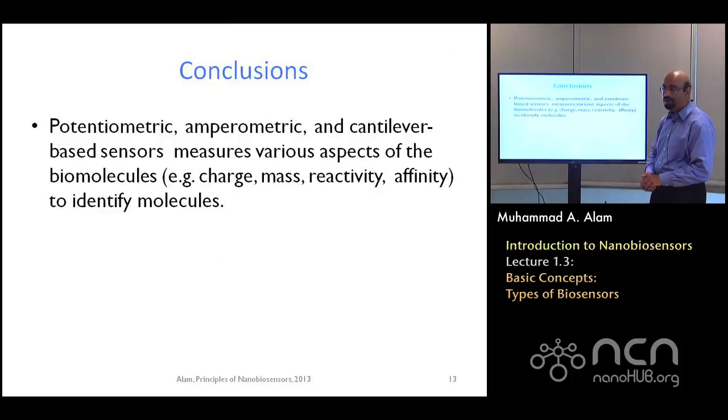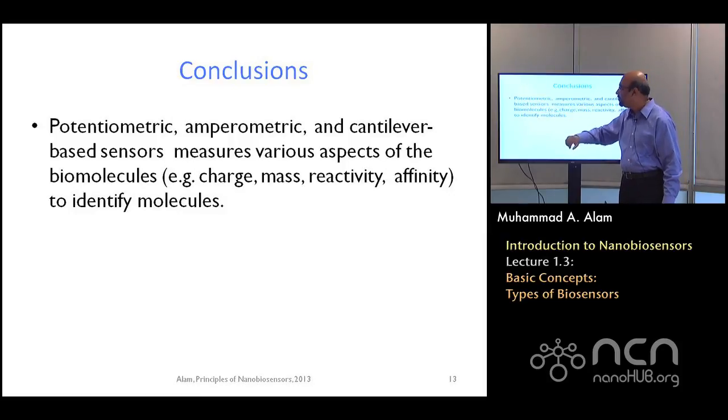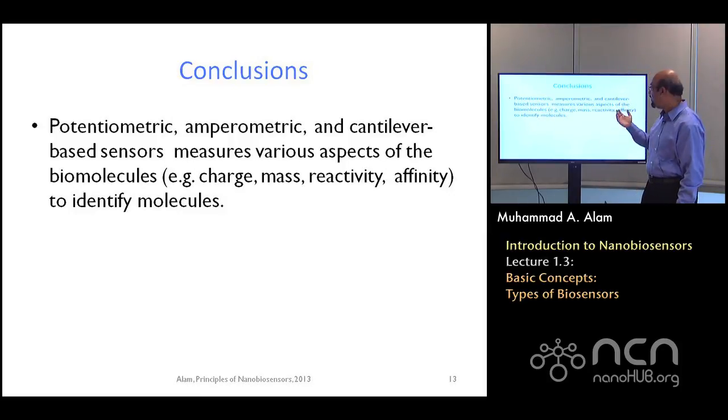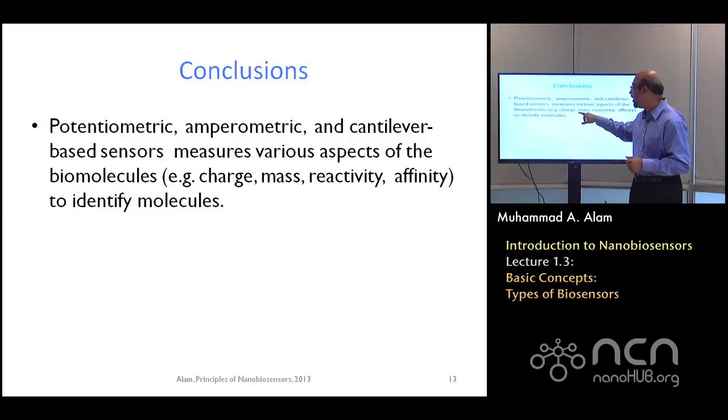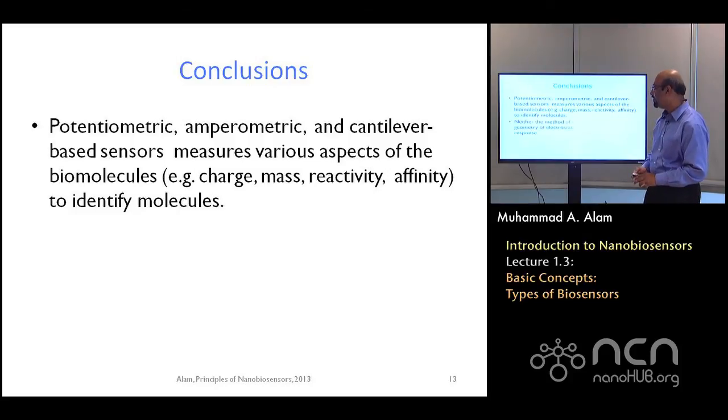So let me conclude. I told you about 3 types of sensors that we'll be talking about: potentiometric, amperometric, and cantilever-based sensors. This doesn't use any secondary label, no optical labels to worry about, less expensive, and could be faster in some ways. And it focuses on the intrinsic property of the biomolecule itself: charge, mass, electron affinity, and so on and so forth.